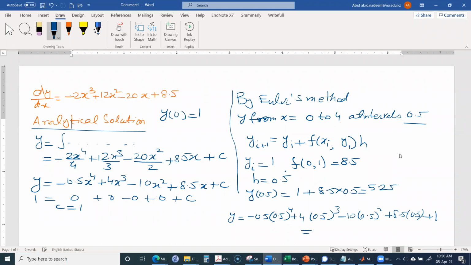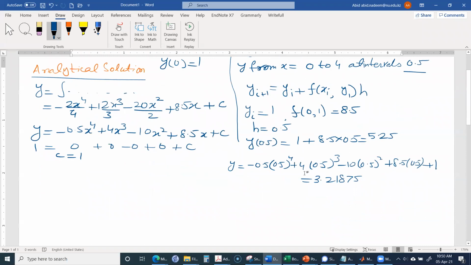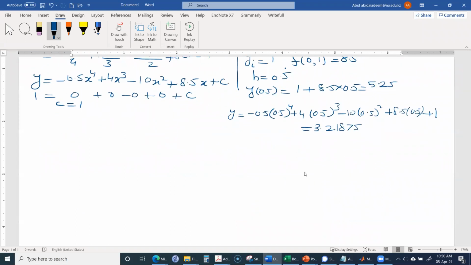So this is equal to 3.21875. So now what we have got over here is the true value, that is the true y at 0.5, and then this is from the Euler's method.